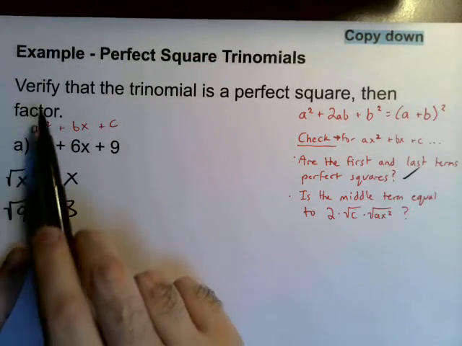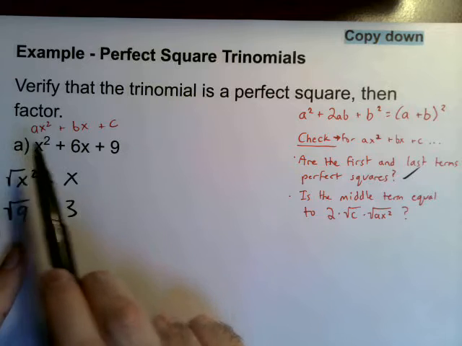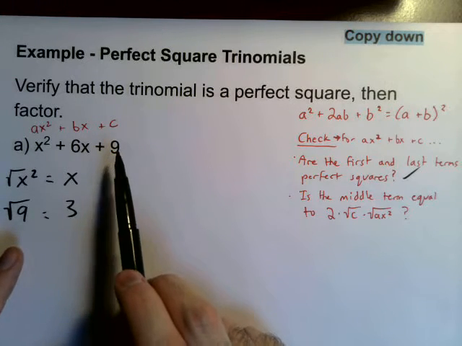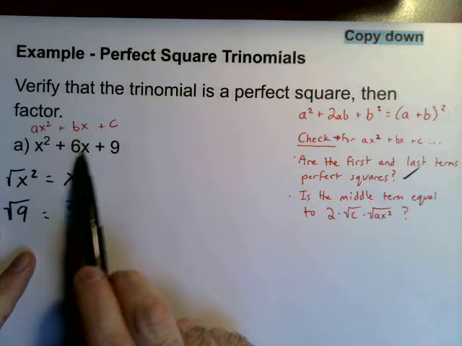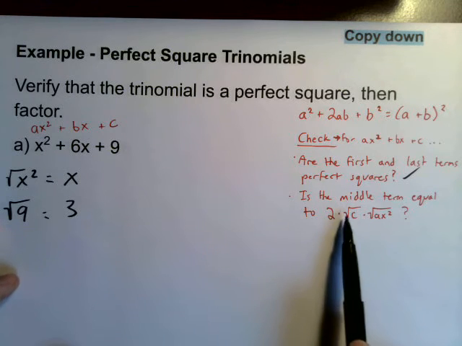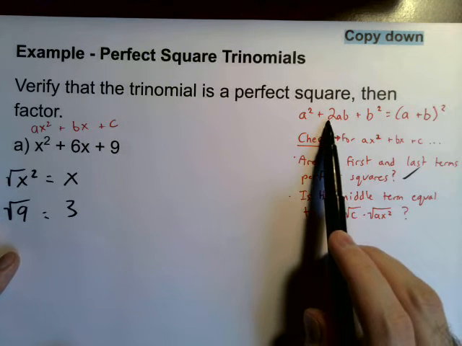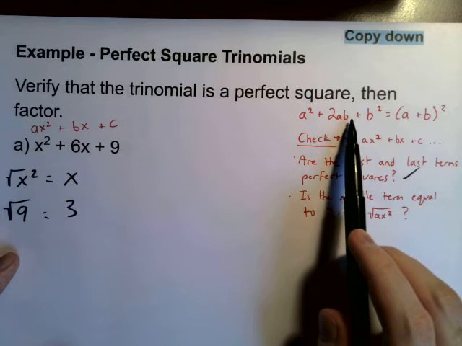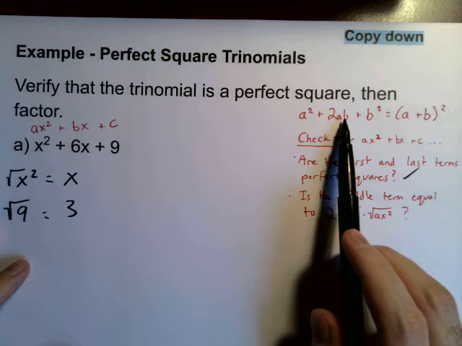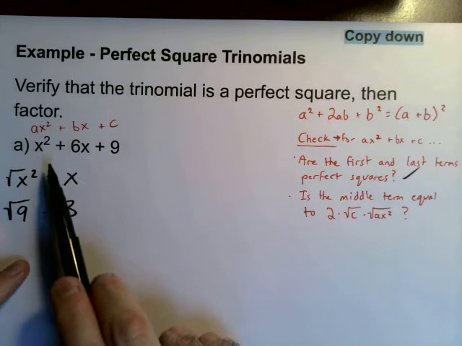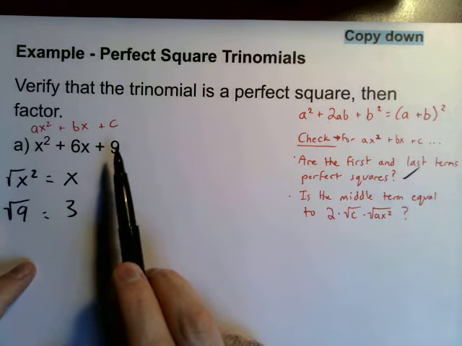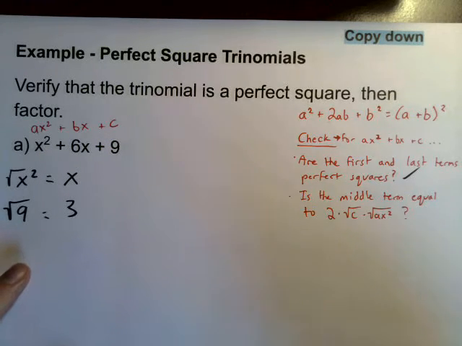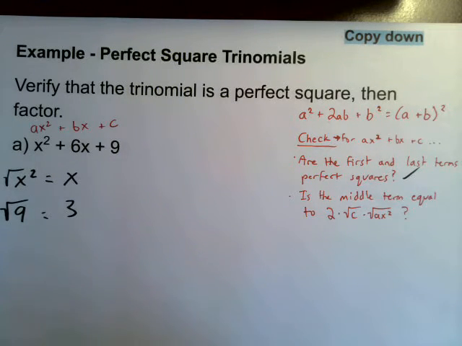So that means that the ax squared term is just going to be x squared, and the c term is just going to be 9, and then the bx term, that's the middle term. So we're trying to see if it fits the pattern. Would it be equal to 2 times a times b? Like, would it be equal to 2 times the square root of this times the square root of this? That's what we also have to look for to prove whether or not it's a perfect square trinomial.